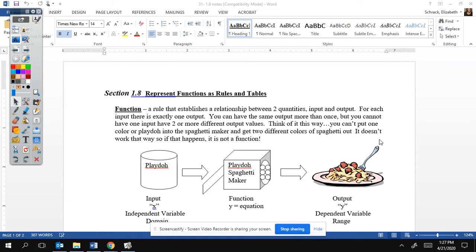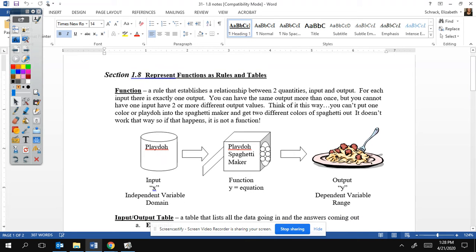So the example I give is think about you using Play-Doh. I know that you've all played with Play-Doh in the past. Maybe you've had a Play-Doh spaghetti maker. We're going to use that as the example today. If I put Play-Doh into the Play-Doh maker, spaghetti is going to come out. If orange Play-Doh goes into the spaghetti maker, orange spaghetti comes out.